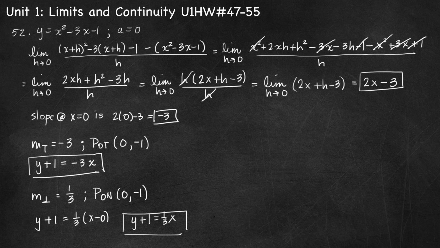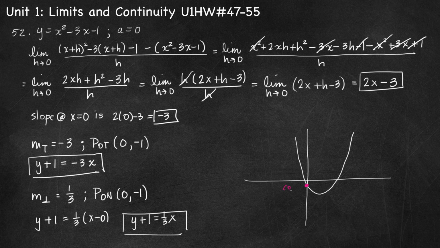Then we want to sketch the curve along with the tangent line and normal line. Okay, so we're going to sketch our curve, which looks approximately like so. Our point of tangency is 0, negative 1. So here's our point of tangency.